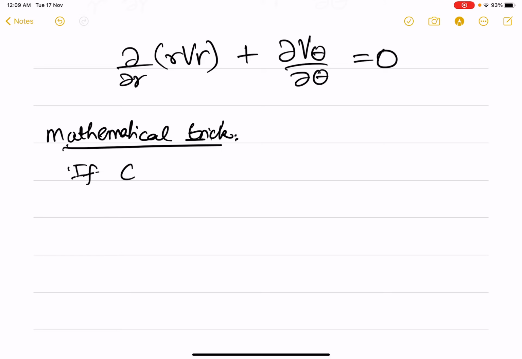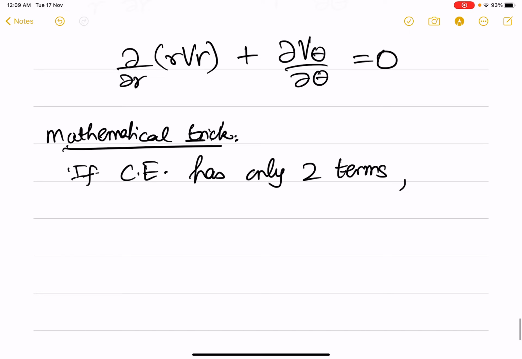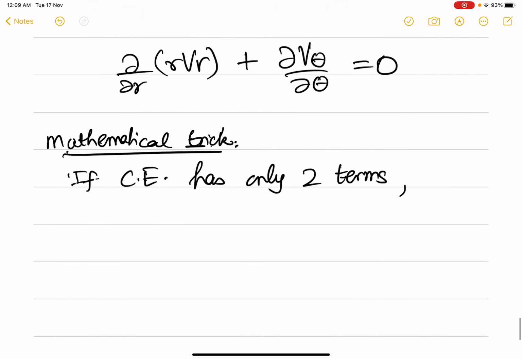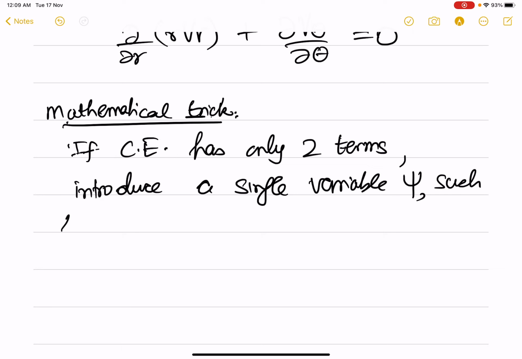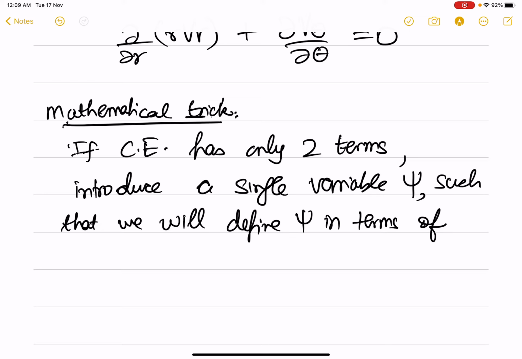If the continuity equation has only two terms, that means there are only two velocities in the continuity equation for that flow, then we can introduce a single variable psi, which we define in terms of derivatives of velocity components.